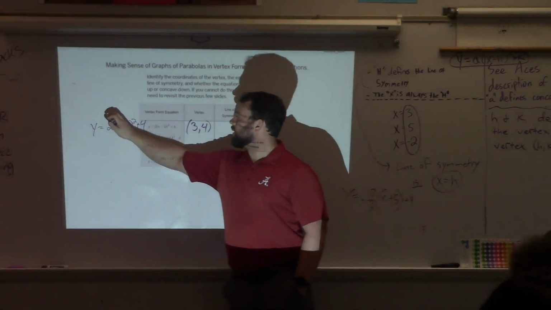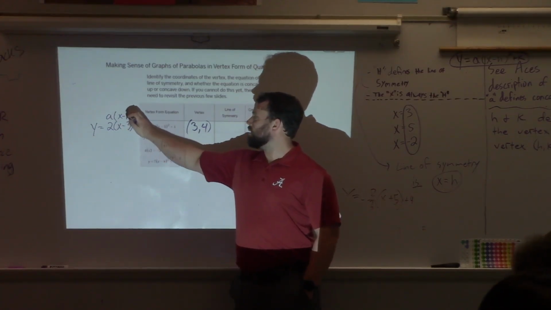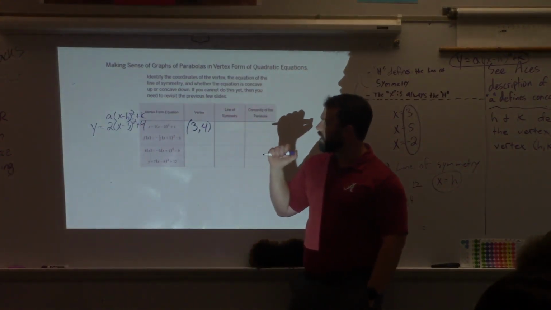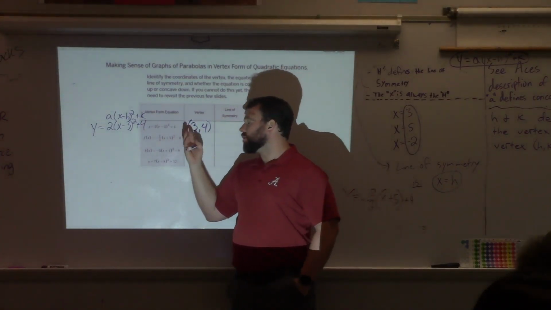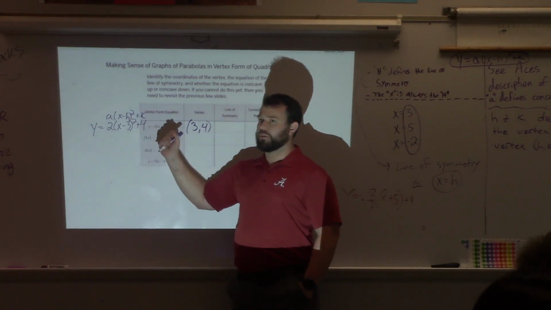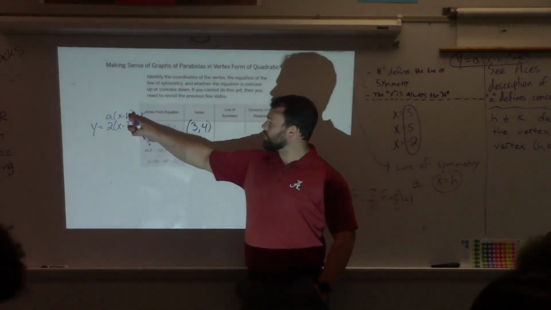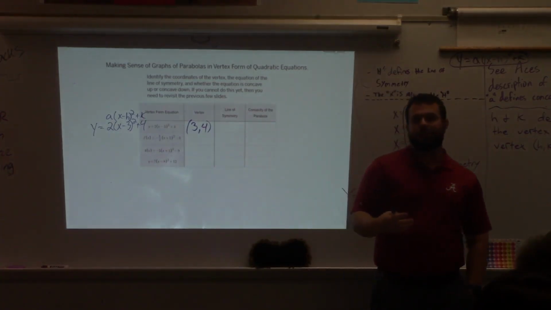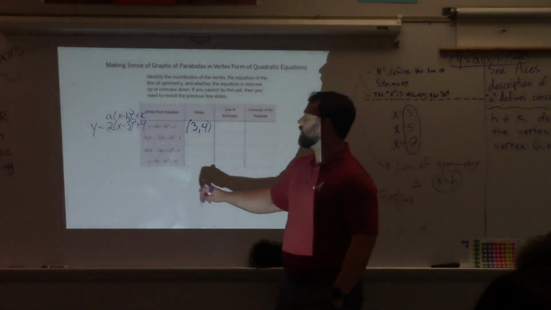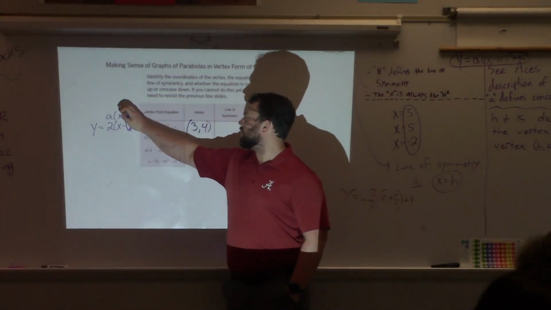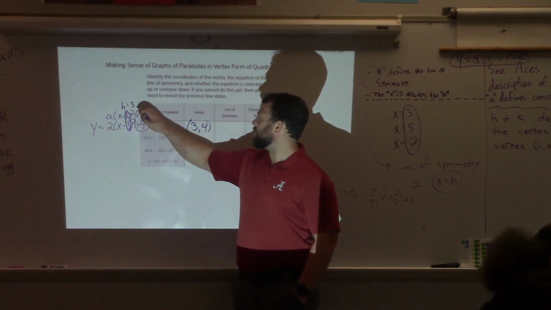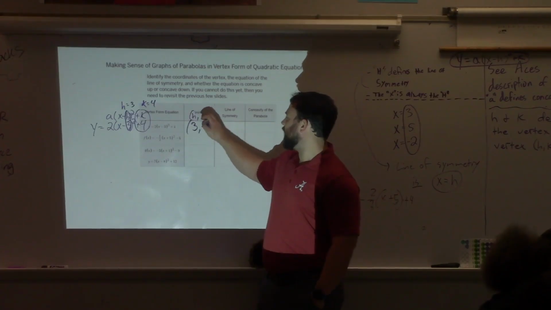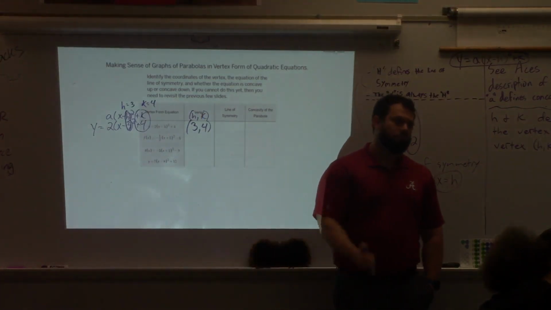One thing I highly recommend, and the students who do this always have a ton of success with it, is to write the vertex form equation out every time. Remember how it's x minus h, and it's x minus 3. So literally, is h a +3 or a -3? H is +3. K is +4. So my vertex, h comma k, is 3 comma 4.